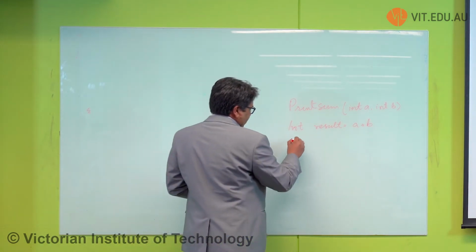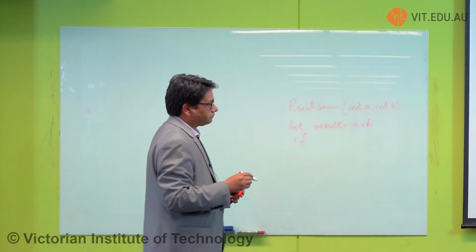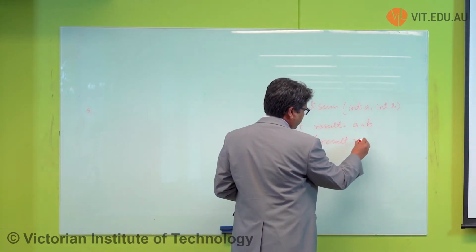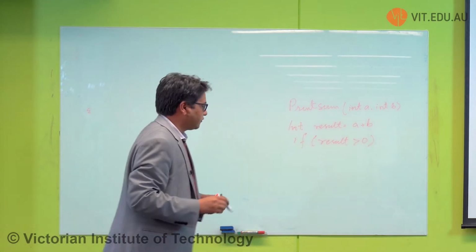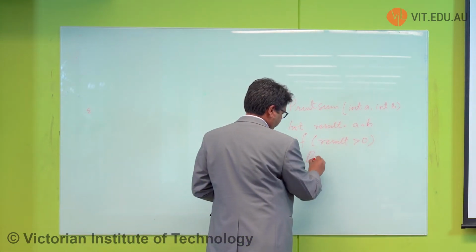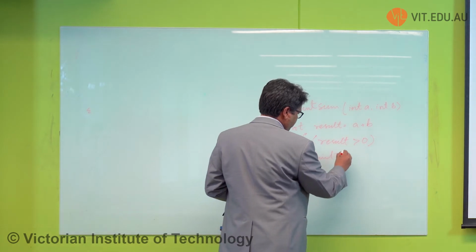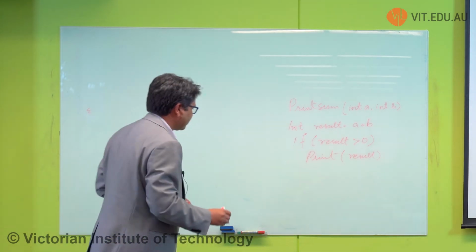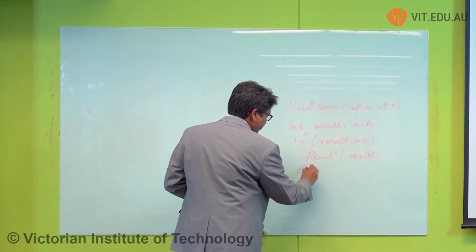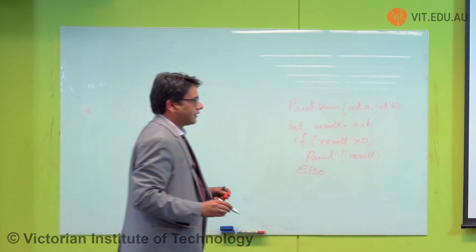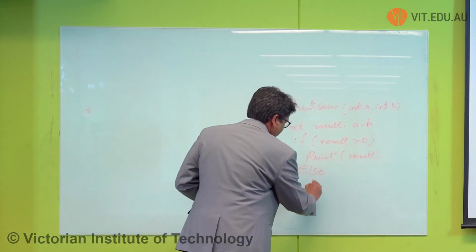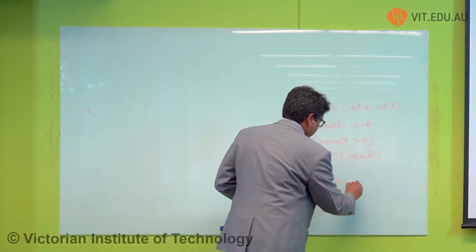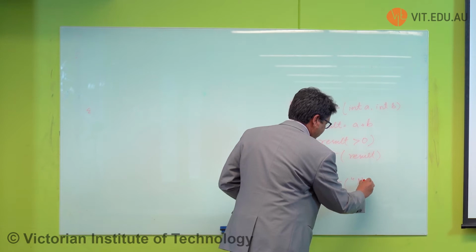So say here we say if result is greater than 0, that is the number is positive, what do we do? We are printing the number. Print result. And if it is not positive, say we print, for example, just negative.